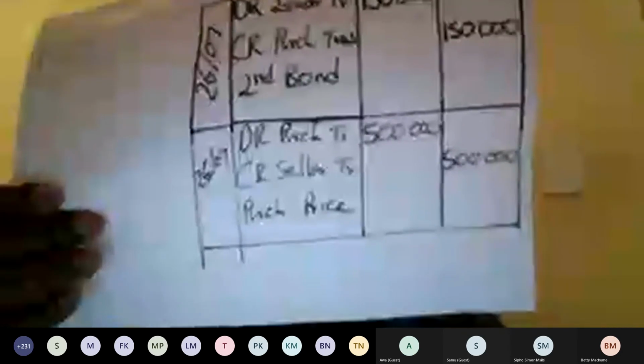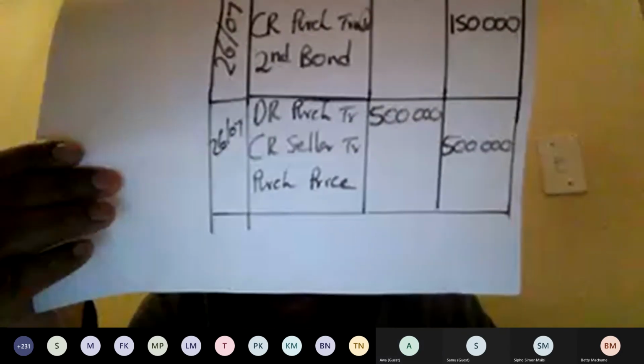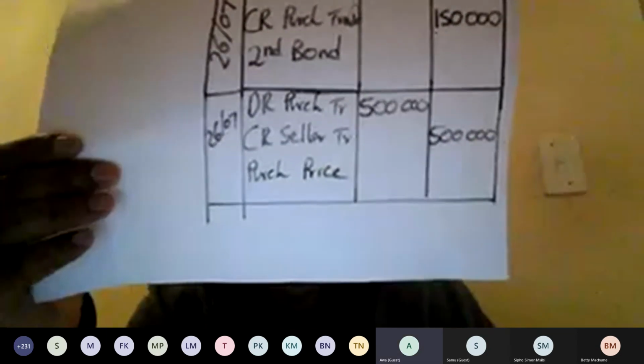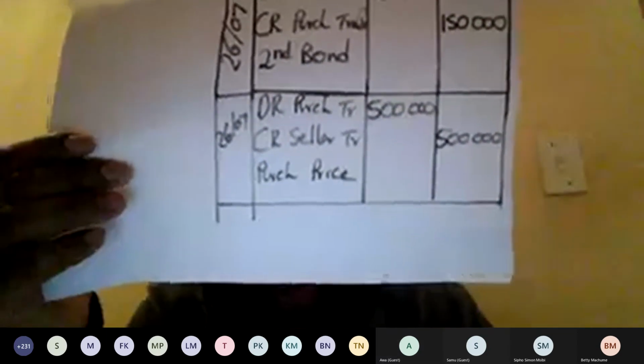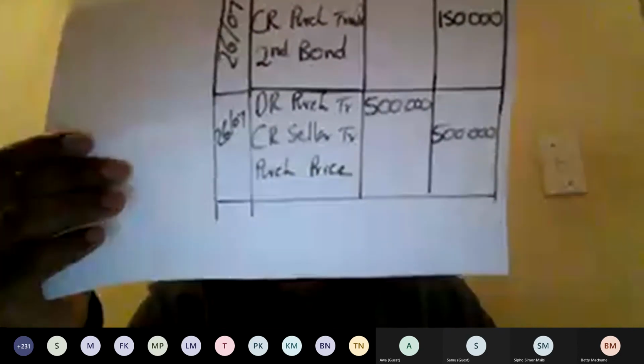We started first by recording a journal, and that journal is a trust journal, as you can see at the bottom there. In that trust journal, you debit the purchaser's trust because you are transferring the value of the purchase price from the purchaser.